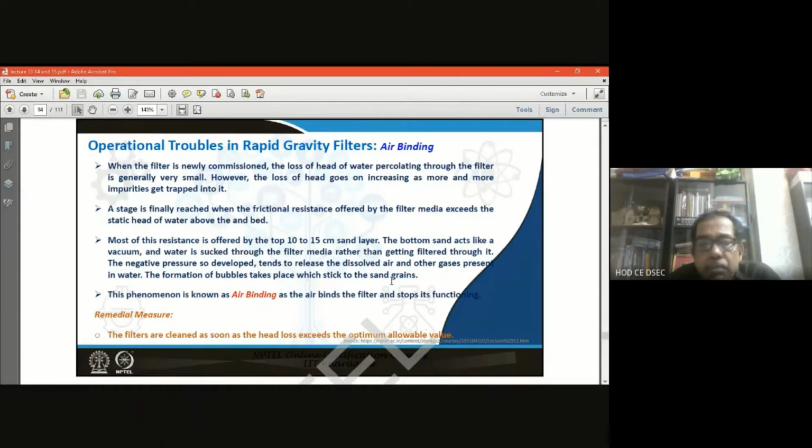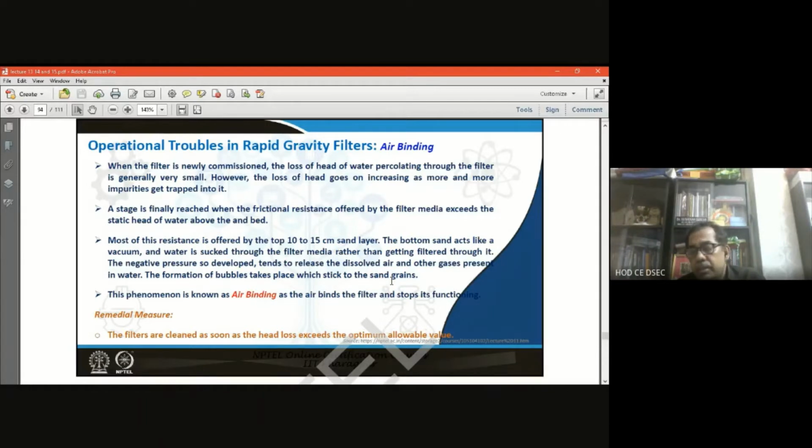So a vacuum, a negative pressure, is developed in the media, which tends to release the dissolved air and other gases present in the water. Bubbles form and stick to the sand grains. This formation of bubbles due to negative pressure in the pores of the filter is called air binding. Air binding binds the filter and stops the function of filtering.